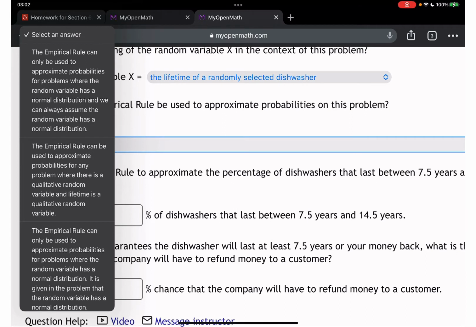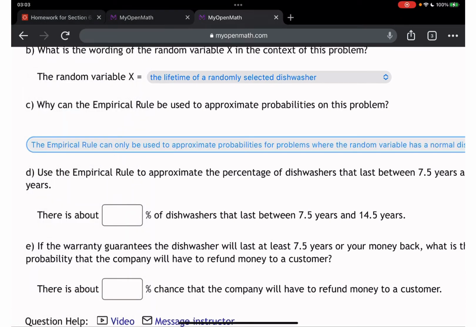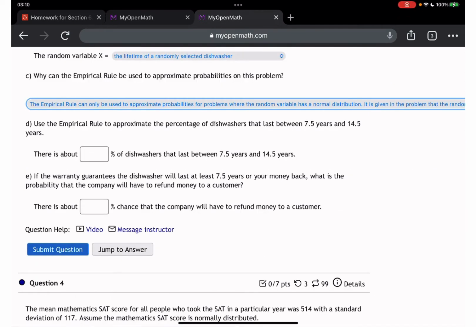So it's between the first and third. The third one is matching. Let me see what the first one is. And we can always assume the random variable has a normal distribution. We cannot. So this one. So the empirical rule can only be used to approximate probabilities for problems where the random variable has a normal distribution. Let's check.